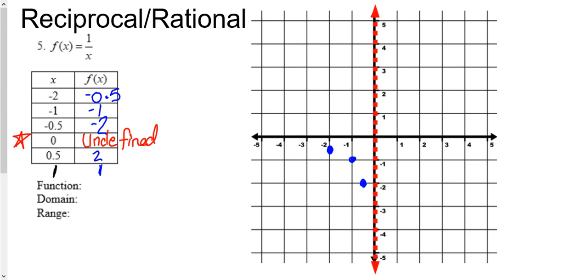I'm going to continue on with my coordinates. So at positive a half, all the way up at positive 2. At positive 1, I should be at 1. And of course, at positive 2, I should be around 1/2 for a y value. And again, I have 3 dots there.